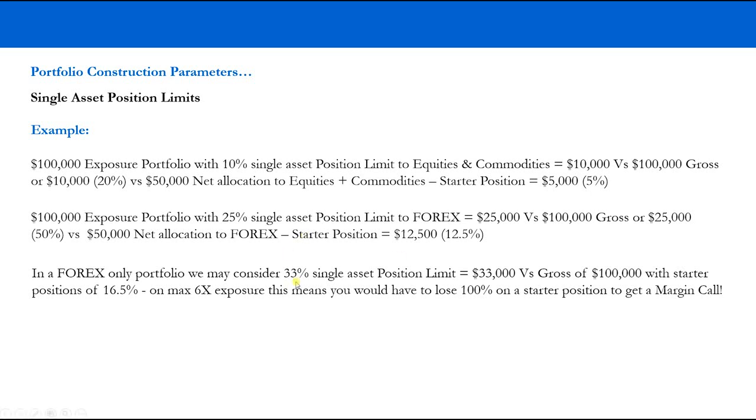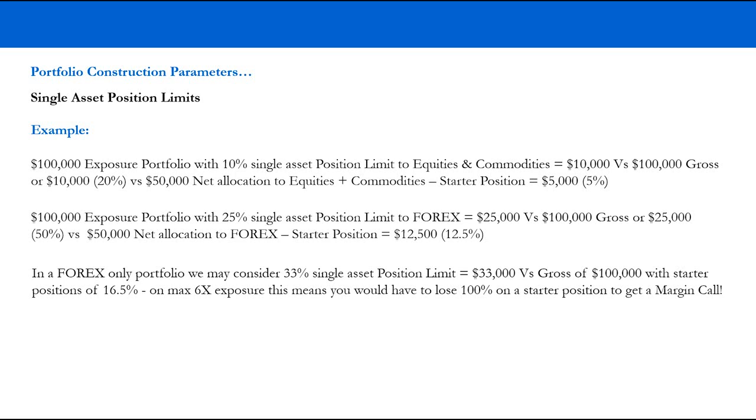You take the positions as either a starter position or a full position size, and if you go through your soft targets, you can increase the single asset position limit on that particular winning trade, as long as your stop loss is either above or below your average price in a long or a short, in order to protect the actual money that you've made to that point.